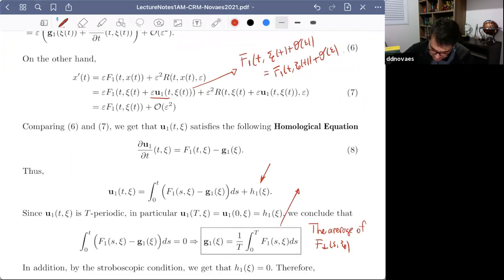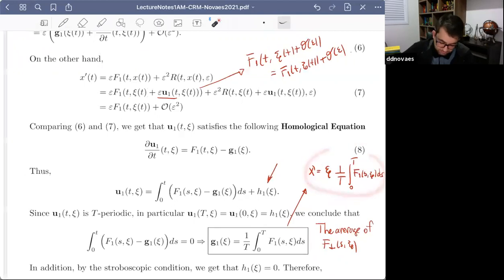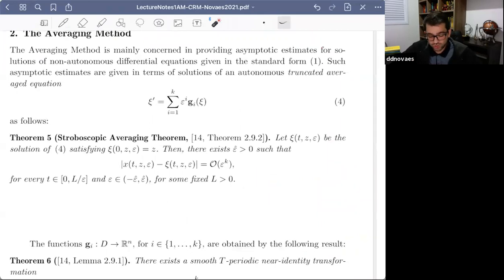In this case, x prime equals epsilon times 1 over T, the integral between 0 and T of f1(s, c) ds. So this is an autonomous differential equation. It's a vector field, and it approximates, in terms of these theorems, the solutions of the standard form.